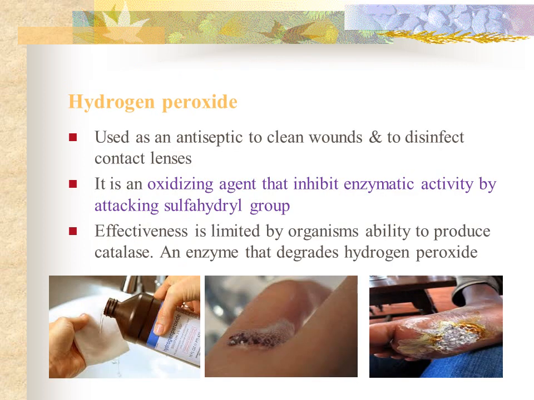We have the hydrogen peroxide that is used as an antiseptic to clean wounds and to disinfect contact lenses. It is an oxidizing agent that inhibits enzymatic activity by attacking sulfhydryl groups. The effectiveness is limited by the organism's ability to produce catalase, an enzyme that degrades hydrogen peroxide.